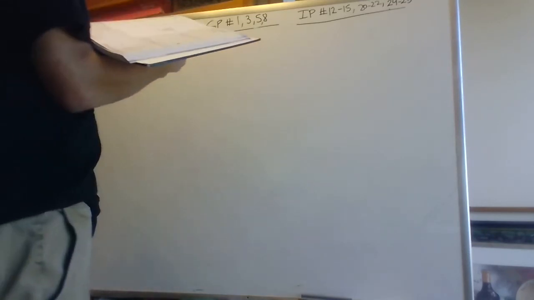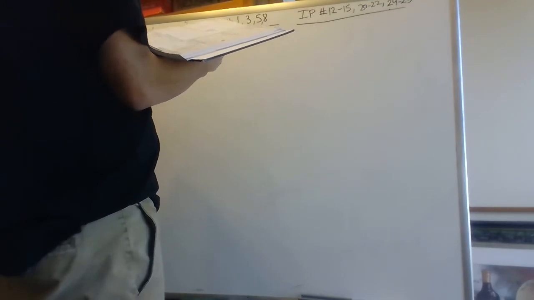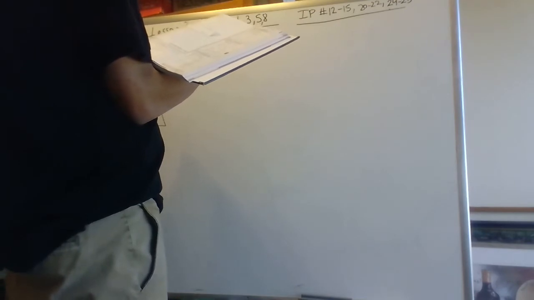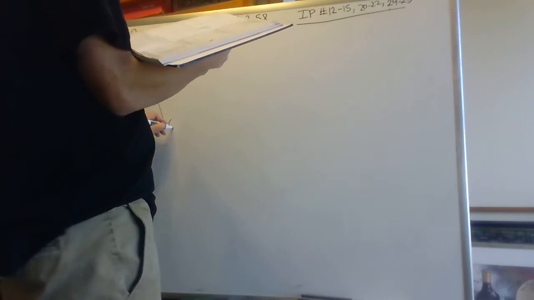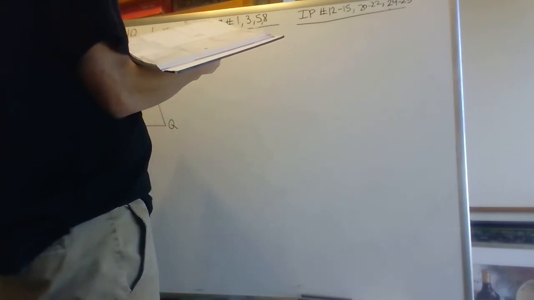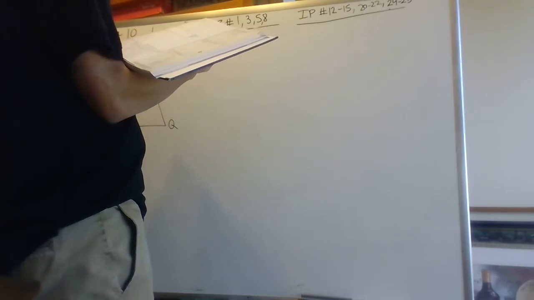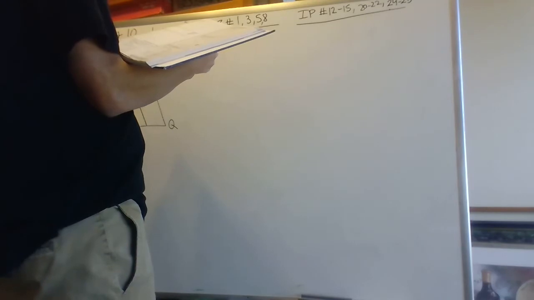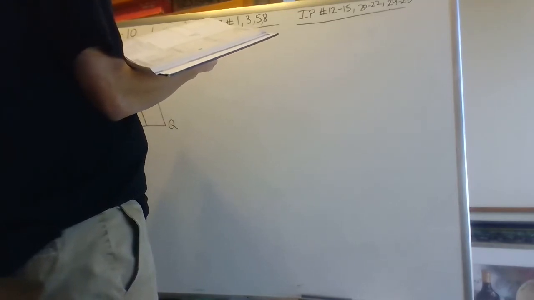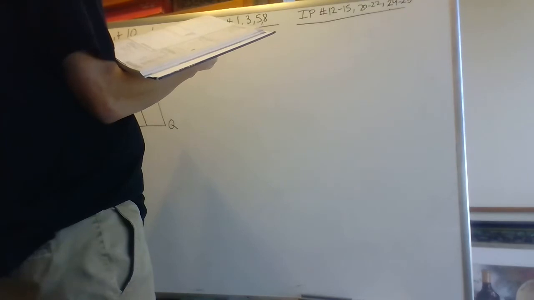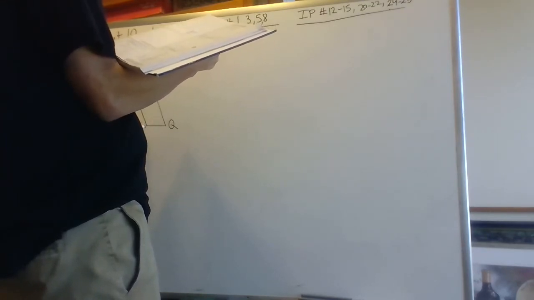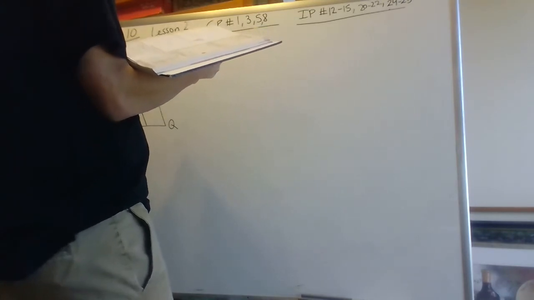Find the value of X. So I'm going to draw this triangle M, P, and Q, and it has RS and this little side that comes from R to the mid segment of triangle MPQ.